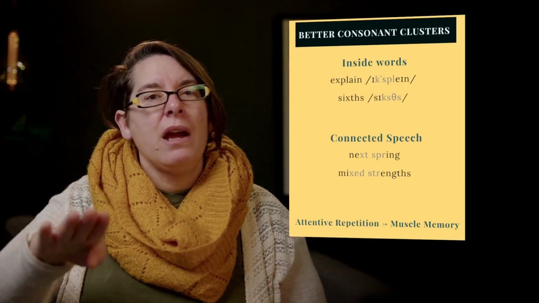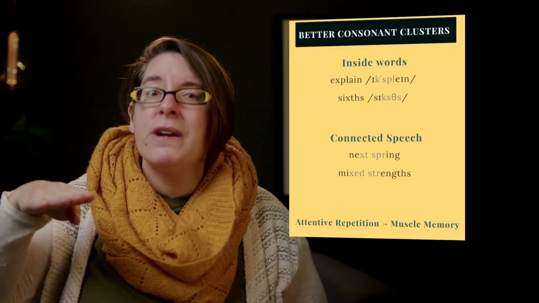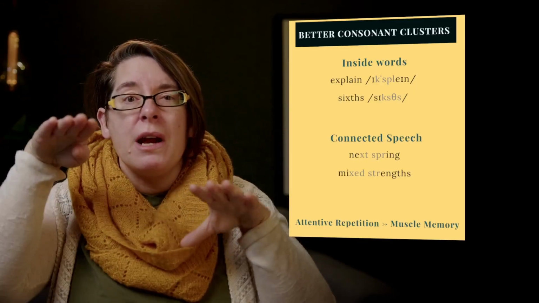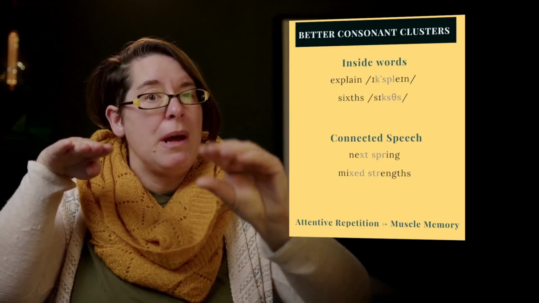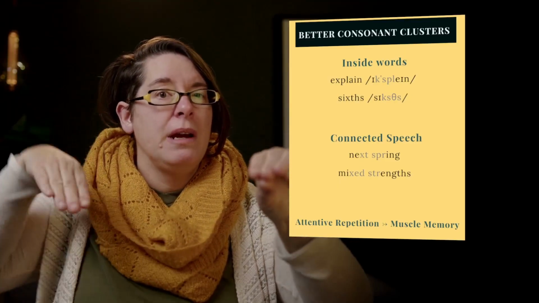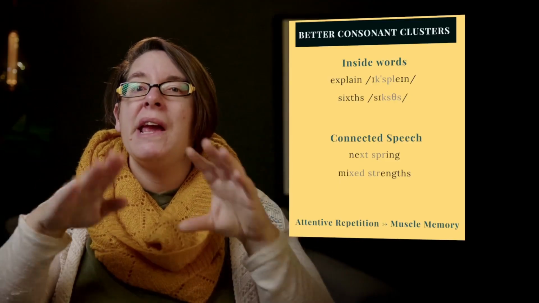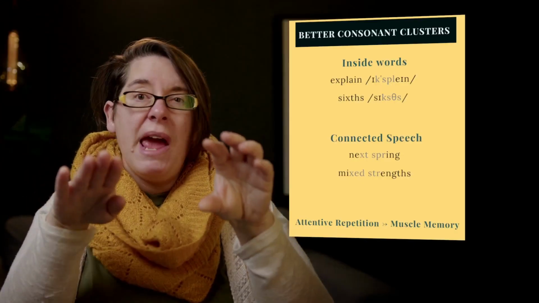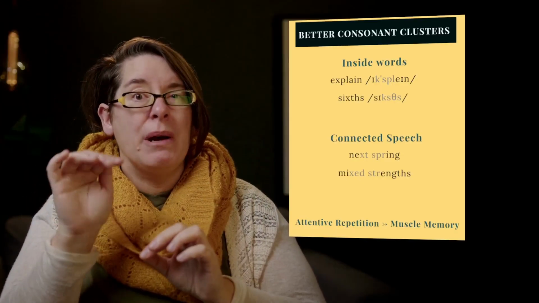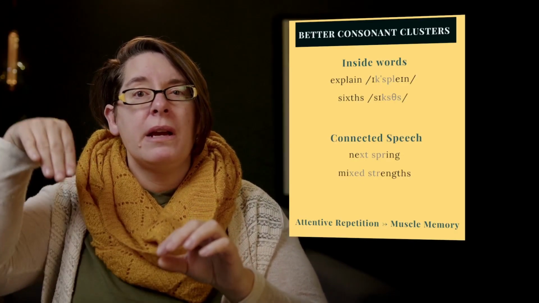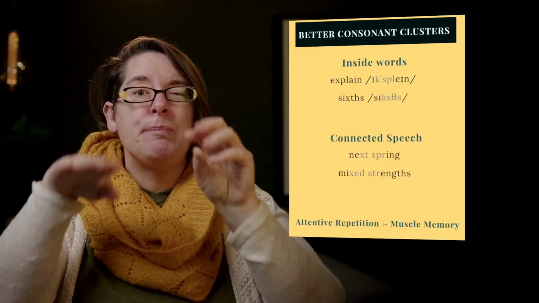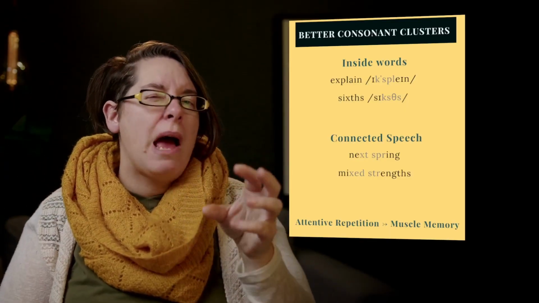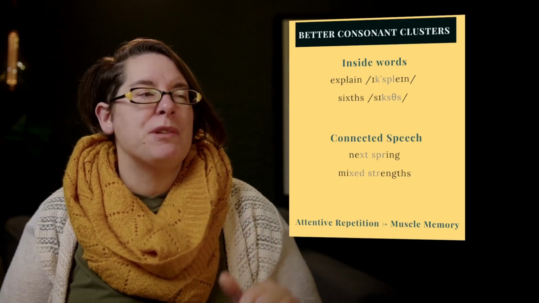I've got my K in the back, S in the front on the ridge, but then my lips swoop in and do the P. Ksp, exp, and my tongue didn't do anything for the P. Now I can go back on the bump and do a little l: explain. You can add them up together and compound these consonants and get much better at that.